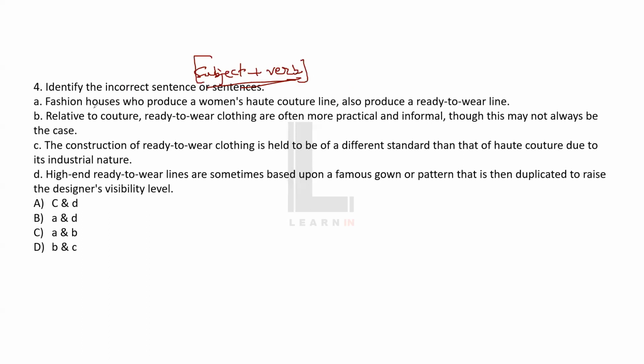So what is the subject here? Who. Who talks about fashion houses. Fashion houses produce a woman haute couture line, right? So this is another clause. And the main idea that it wants to talk about is this: fashion houses also produce. So there are two ideas in this, right? Understood? So whenever we have relative pronouns, we have another clause.